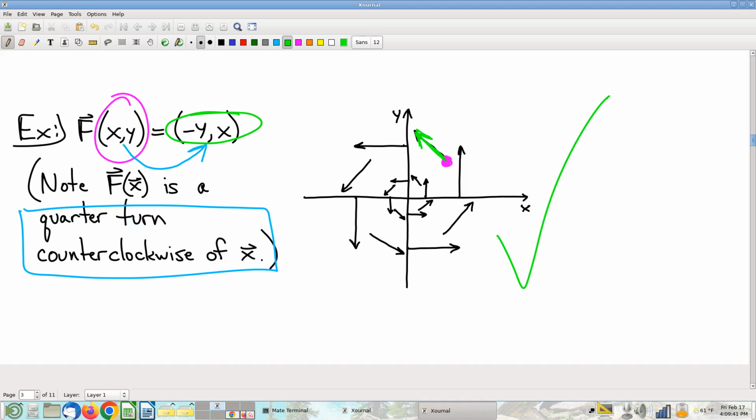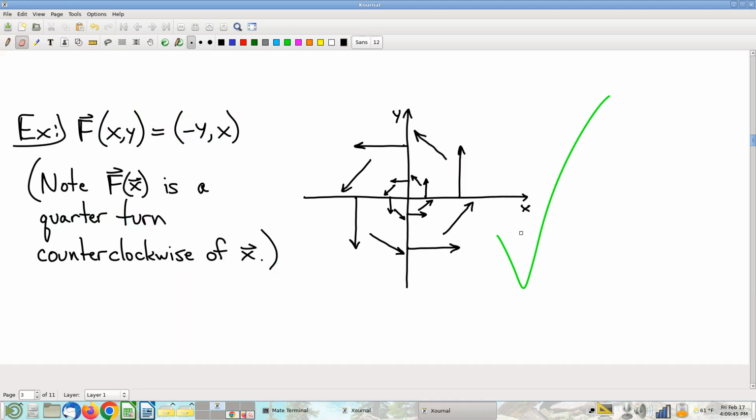Oh, yeah, sure. Let me pick just to get some numbers down here. Let's look at f of 2, 1. And what does that equal? Well, 2, 1 is a point that's about right there.